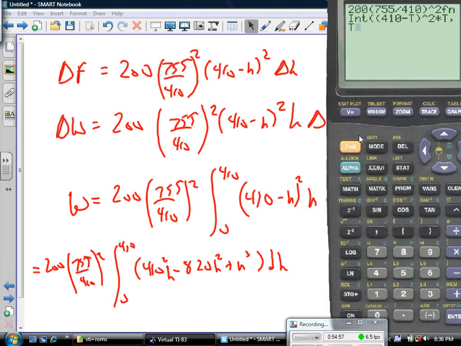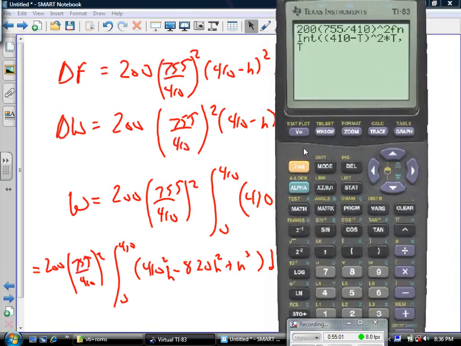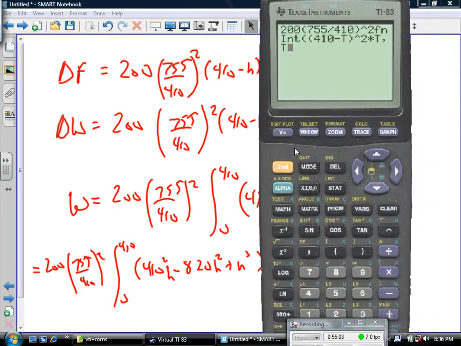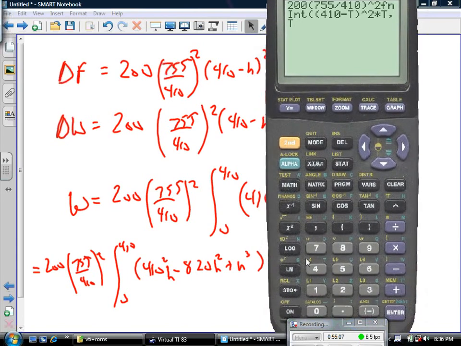Instead of h, I have t, and there's your dh as your comma t. From 0 to 410, so comma 0, comma 410.